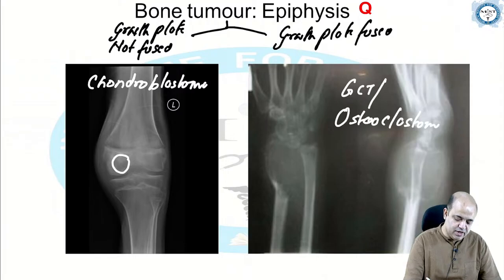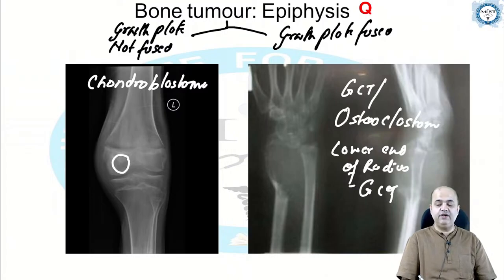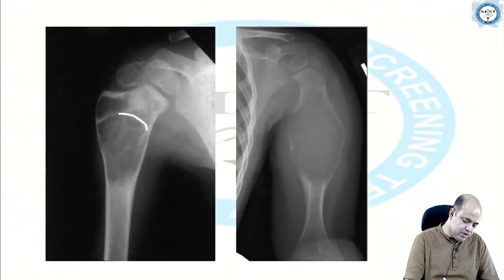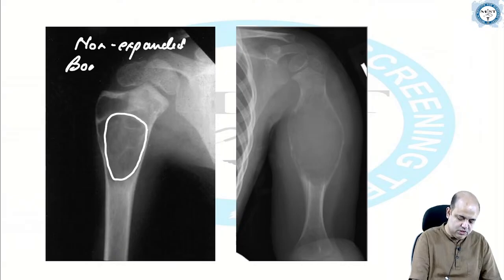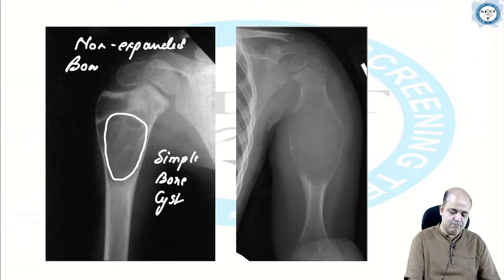Tumor in the lower end of radius is the classical site for the giant cell tumor. Metaphyseal lesions: if the bone is not expanded, this is a simple bone cyst.